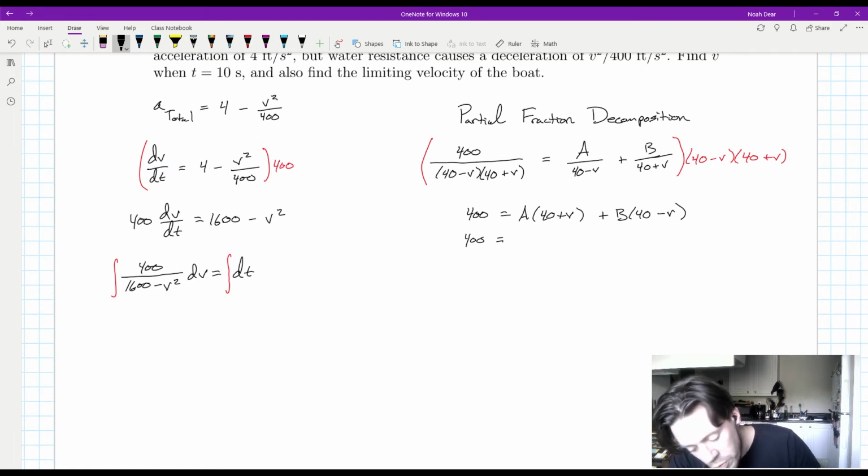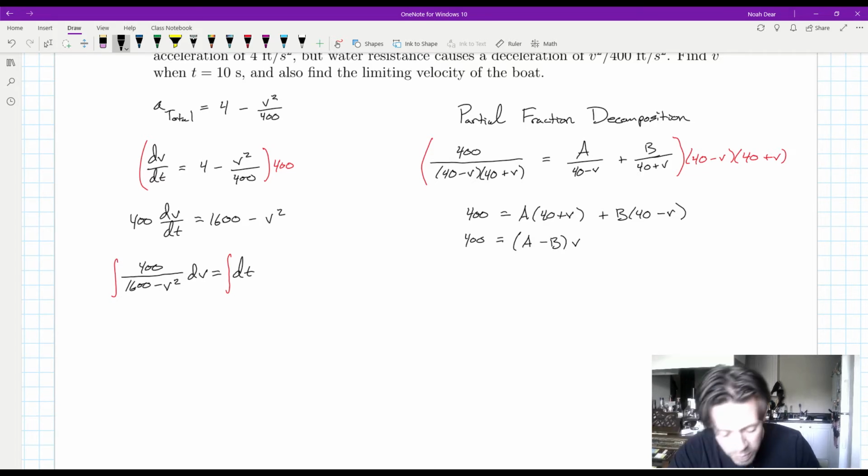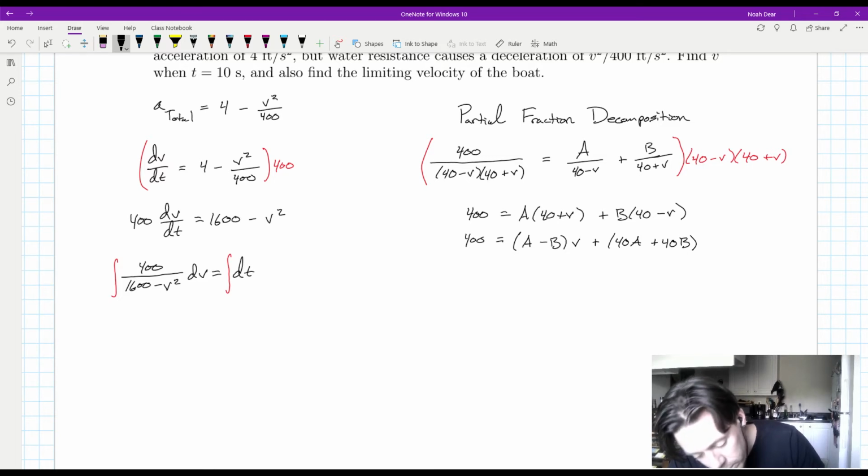Continuing on here, we're going to group the v terms. So we have a minus b times v when I group the v terms together, and then the constants we group together are just going to give us 40a plus 40b.